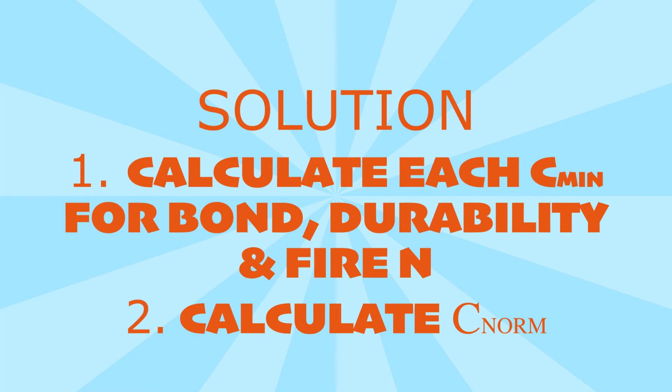In order to obtain the nominal cover, we do two steps. The first step is to determine the C min for each parameter: for bond, for durability, and also for fire resistance. Then of these three, we select the biggest one and use it for C nom.